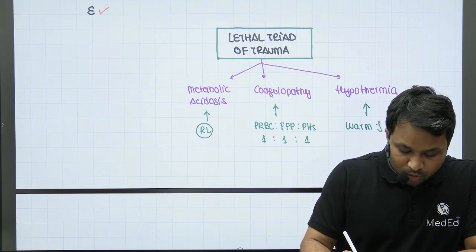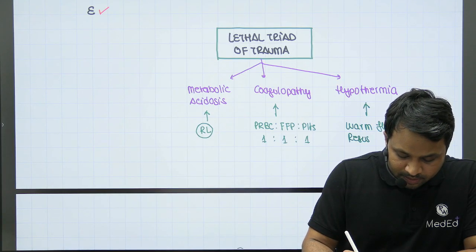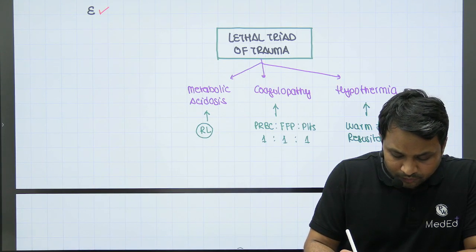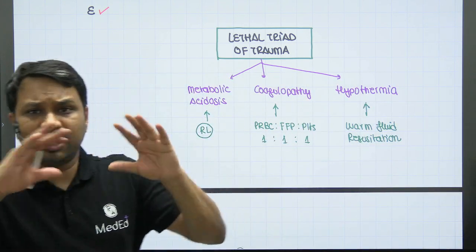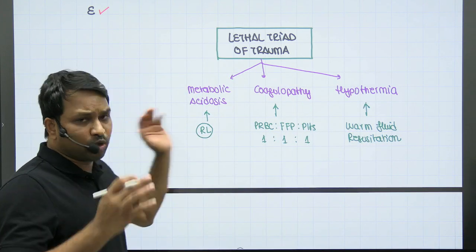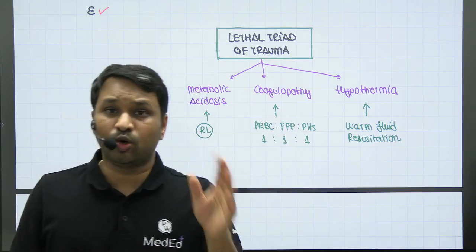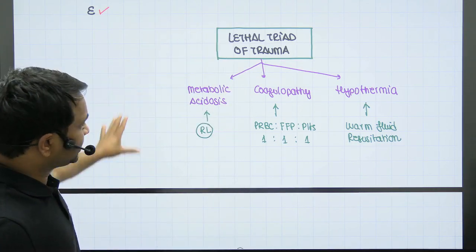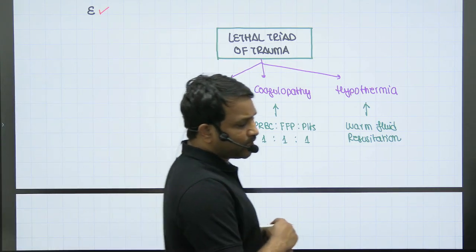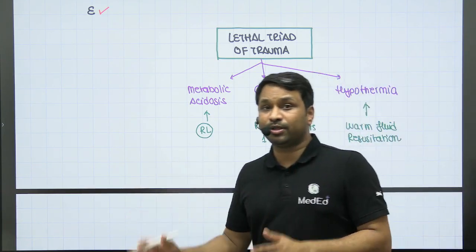So I will do a warm fluid resuscitation, which helps us to combat hypothermia. We'll keep the patient covered in blankets and also in warmers. The goal is not to let the core body temperature fall below 37 degrees Celsius. So this is how you're going to look at the lethal triad of trauma and try to prevent it every single time you are dealing with a patient of trauma.